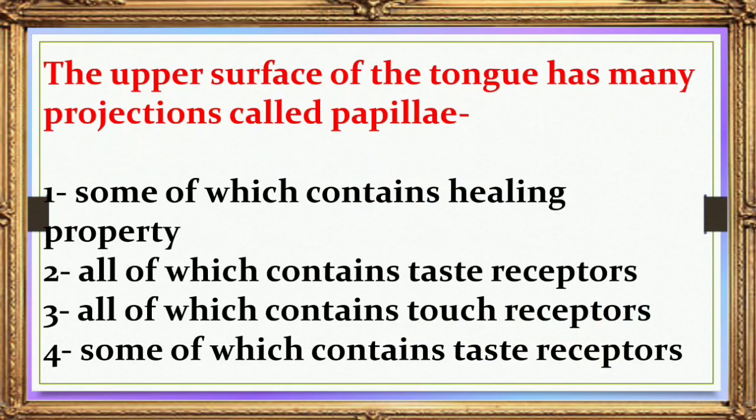The answer is fourth, some of which contains taste receptors. There are different types of papillae found on the surface of the tongue. Some of them are touch receptors as well. So read a little bit about it. It is not that important because that will be out of NCERT, but just have a brief knowledge about it.